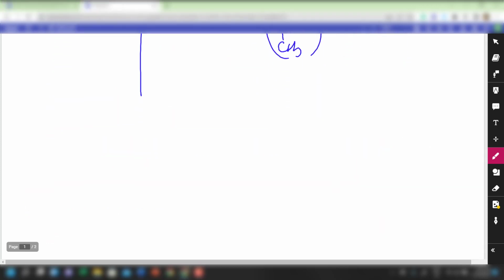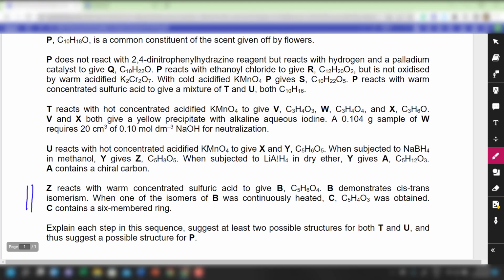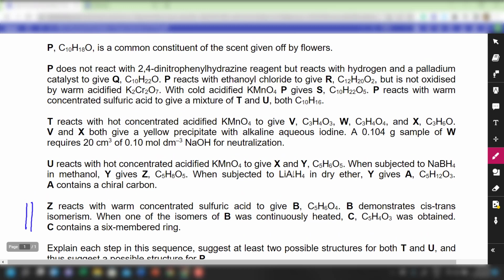So we have P over here. It does not react with 2,4-dinitrophenylhydrazine, DNPH, so no precipitate. But it reacts with hydrogen and palladium to give Q. You notice that from P to Q, there is an increase of 4 hydrogens.